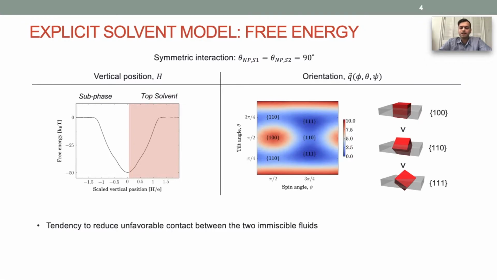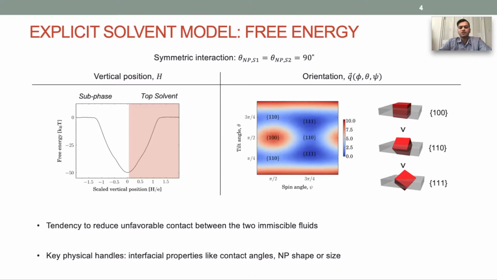Both these characteristics arise from the nanoparticle's tendency to reduce unfavorable contact between the 2 immiscible fluids, and to this end, the nanoparticle orients itself in such a way as to maximize the volume that it excludes from the interfacial region.